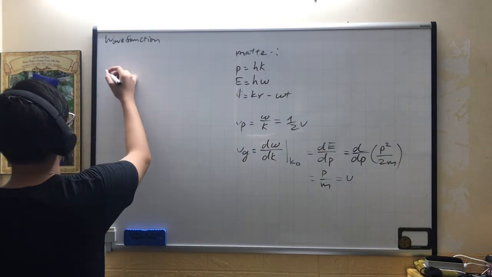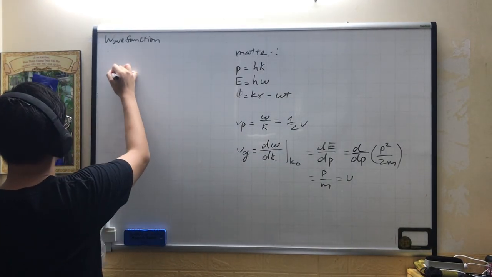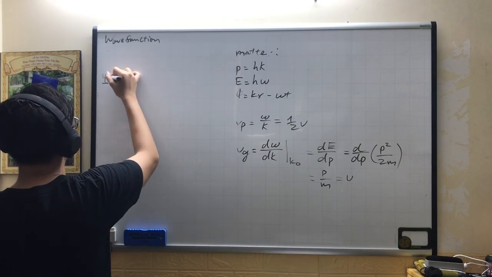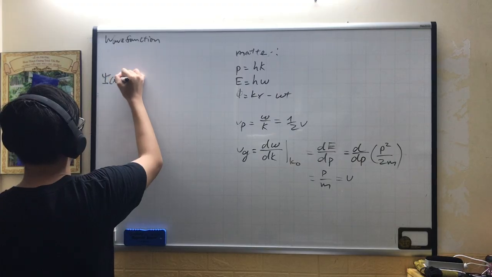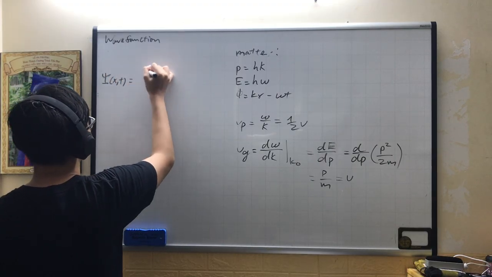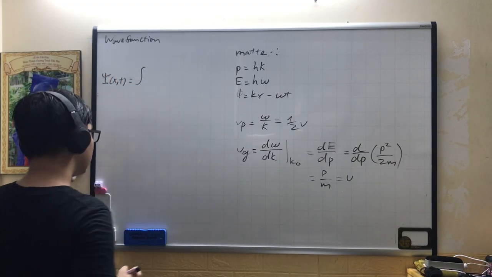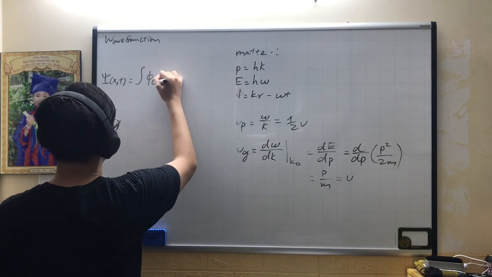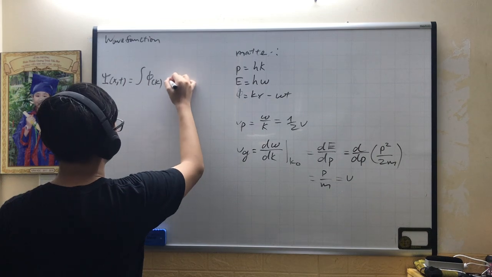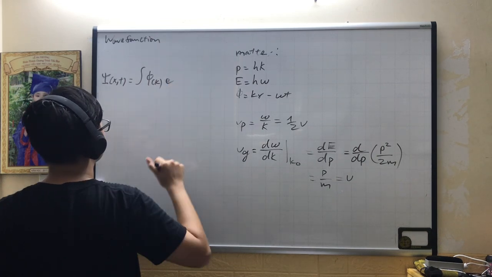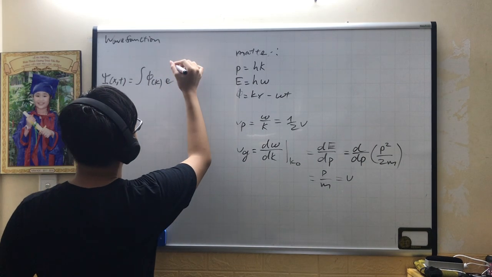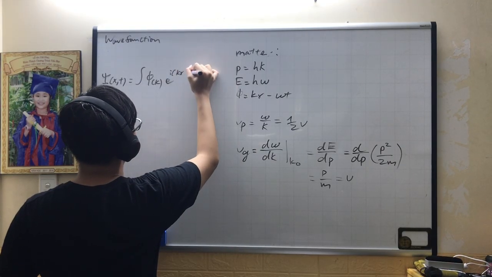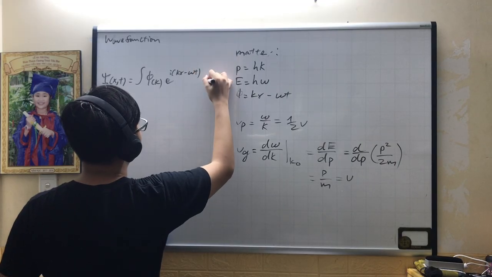So our group would be written as psi, the big psi, of x and t, the integral of phi of k times e to the i(kx minus omega t) dk.